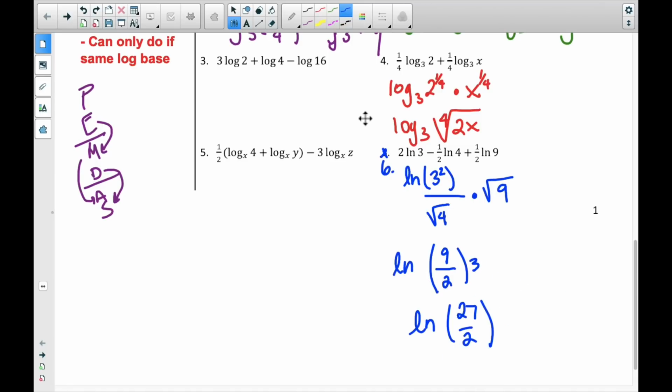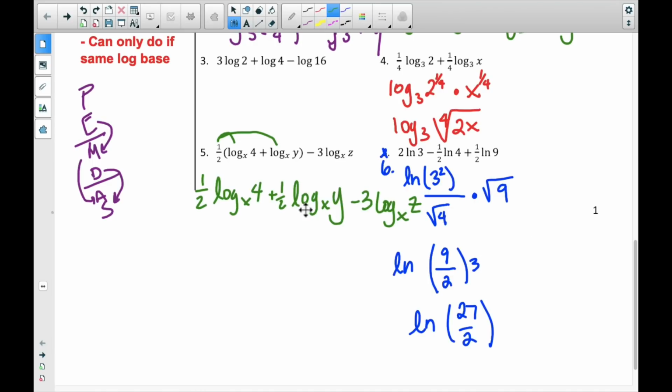Let's take a look at number 5, and the main reason I'm going ahead to do number 5 is these parentheses. You can deal with that parentheses in a variety of ways. Probably most people see those parentheses and they want to do this. That's good. Let's just do that. So I've got this when I distribute that 1/2. That 1/2 means power, right? It's a multiplication, so it's an exponent, so it's a power.